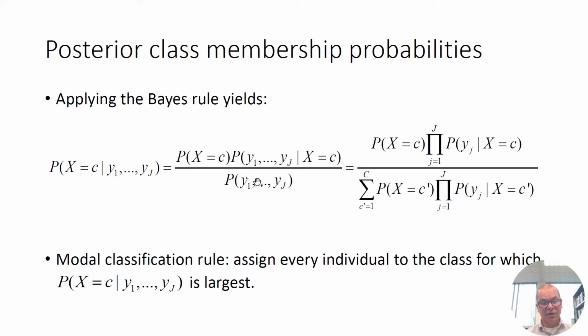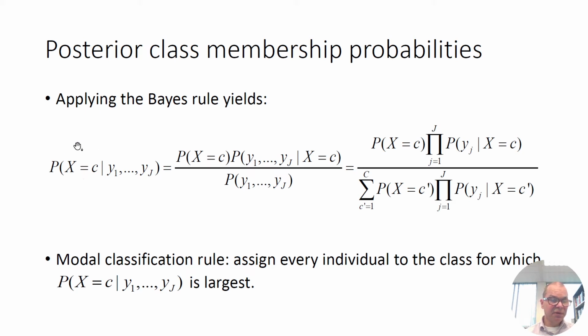I write the probability of a response pattern in terms of the local independence assumption, and I write the probability of a full pattern as a sum over latent classes, and then put in the full equation of the latent class model. So this is the way we can obtain what we call the posterior class membership probabilities.